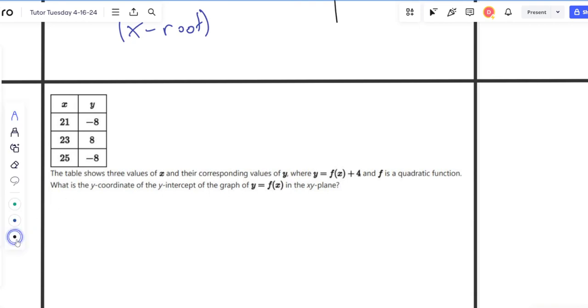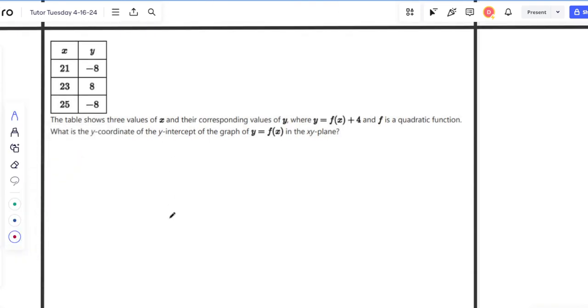The table shows 3 values of x and their corresponding values of y, where y equals f of x plus 4, and f is a quadratic function. What is the y-coordinate of the y-intercept of the graph of y equals f of x in the xy-plane? Well, let me see.